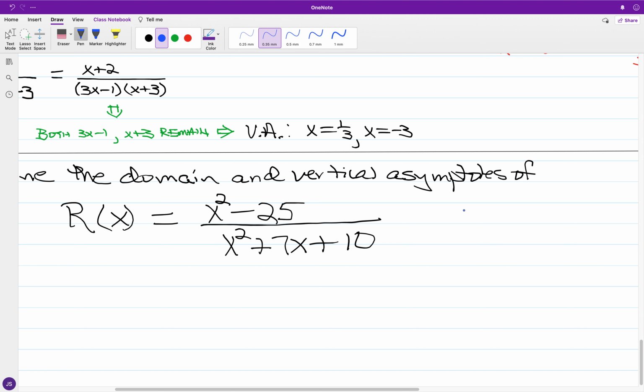So we're looking for the domain and the vertical asymptotes of this rational function. Again, the denominator cannot be equal to 0 for r of x to be defined.